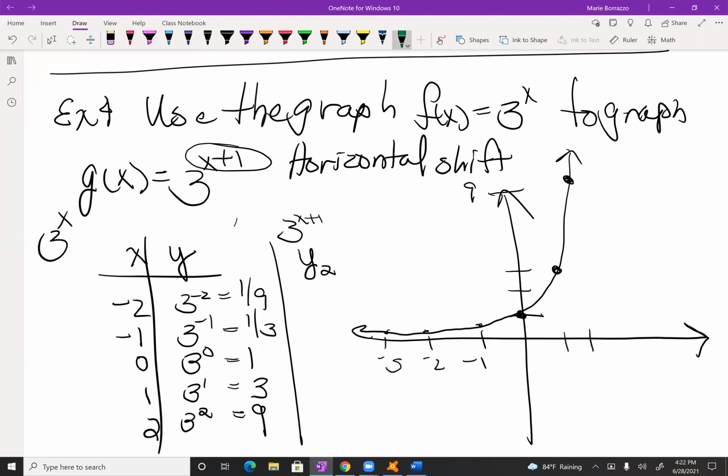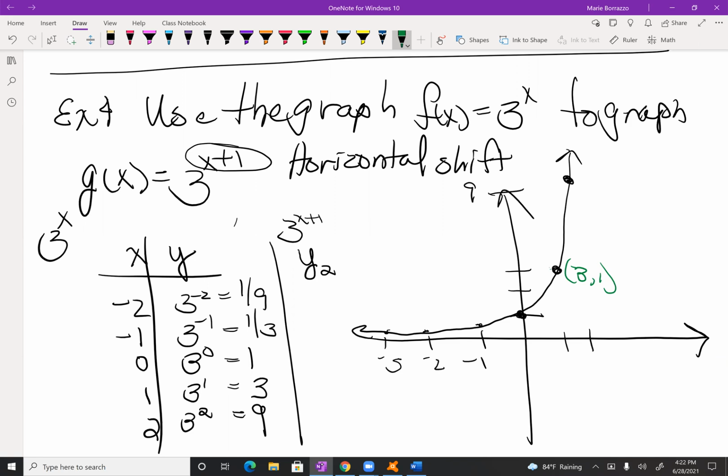So I want you to remember, this point right here is going to go to the left. Remember, this point currently is 3, 1, right? And so my next point, if I move over here, I also have another point.